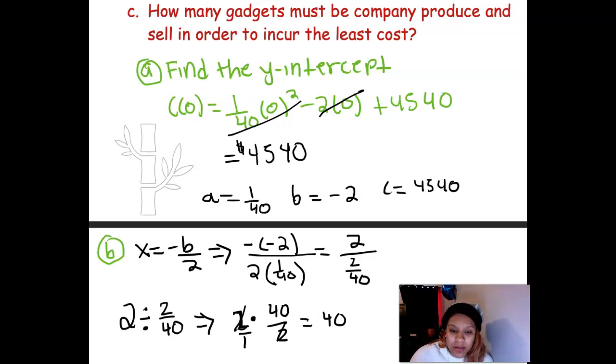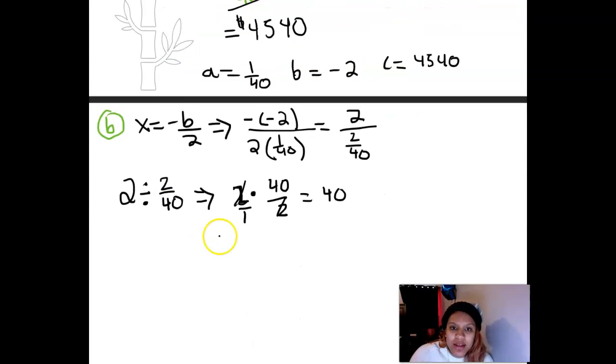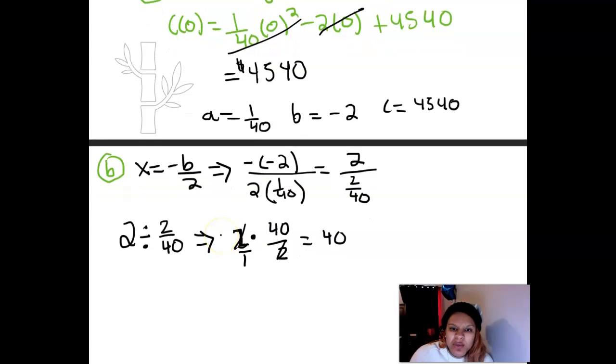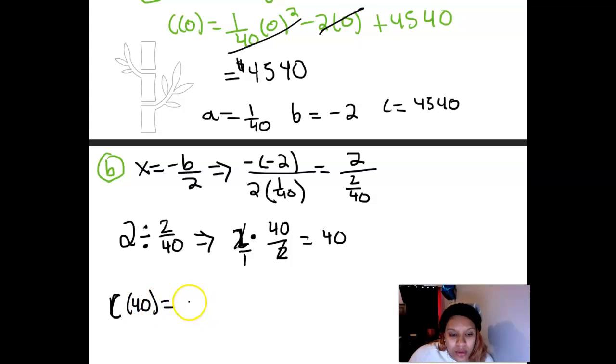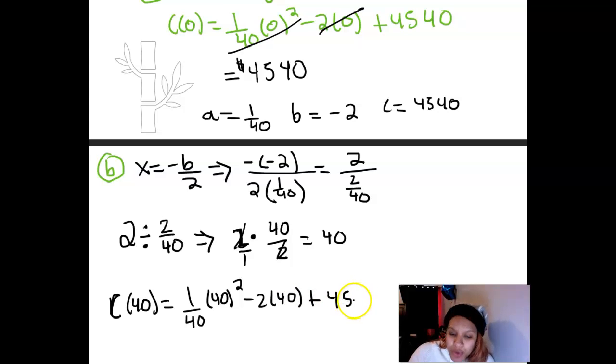We need to find the y now. So we need to evaluate the function when x is 40. C of 40 equals 1 over 40 times 40 squared, minus 2 times 40, plus 4,540.